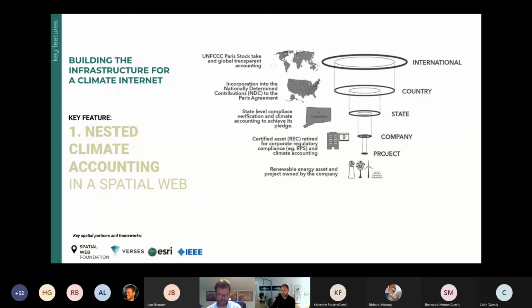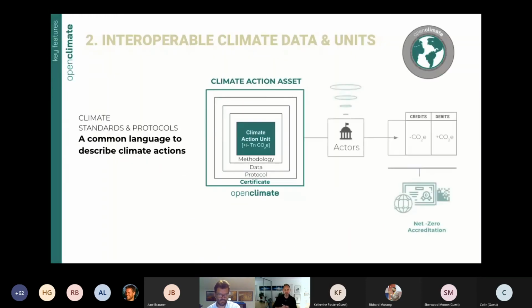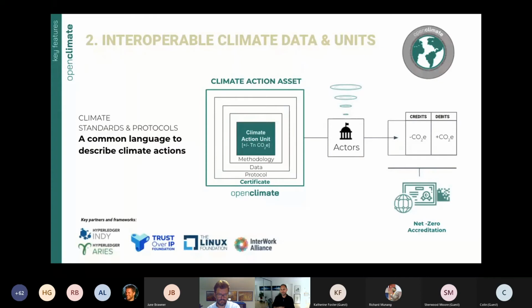So slide 38 focuses a bit more on what are the recipes that we need to be able to come up with a common climate action asset, in some sense.